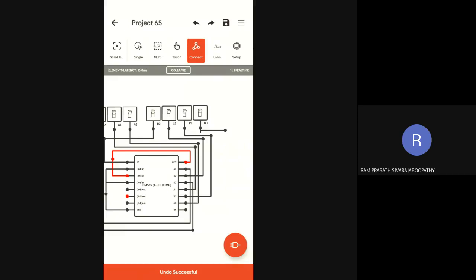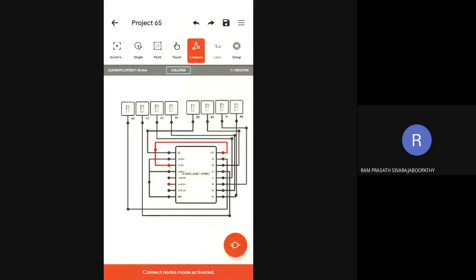No, wait. So B0 can be connected like this. That's all. So the cascading inputs and the data inputs are given. Now we have to connect the outputs only.